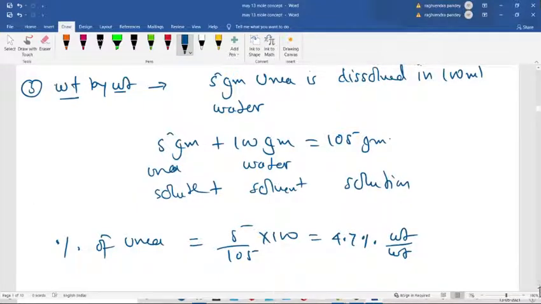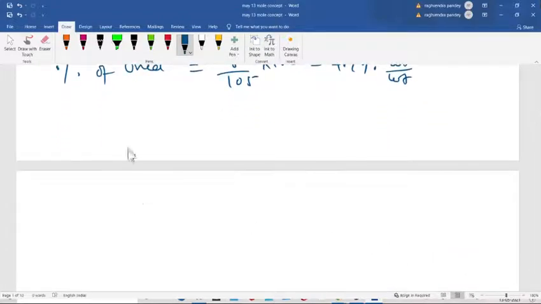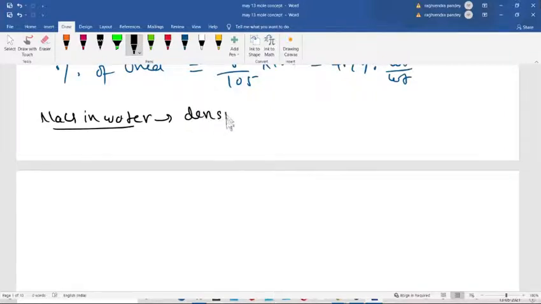Okay, there is sometimes some confusion here, and I want to point out one small thing. Suppose they give you NaCl in water, a solution, and they give you the density of the solution as, say, 1.2 gram per ml.